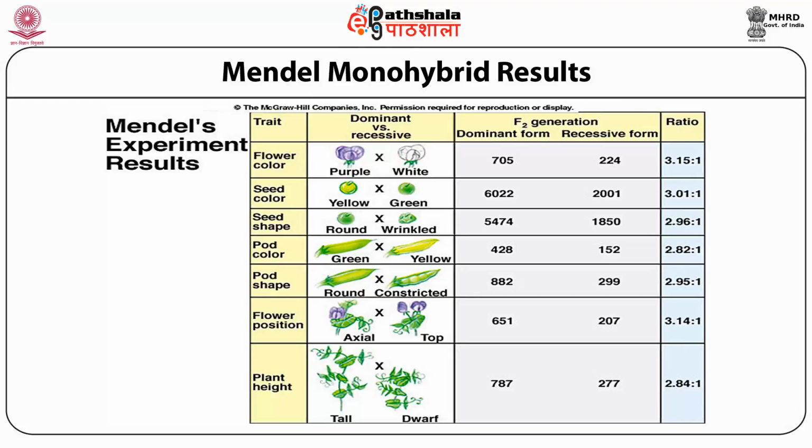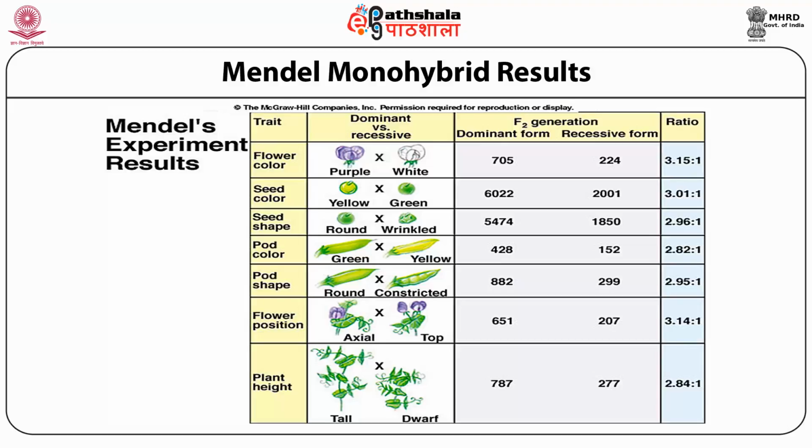In this image, 7 different characteristics of pea plants are shown as dominant versus recessive, and the outcome in the F2 generation and the ratio of the same.